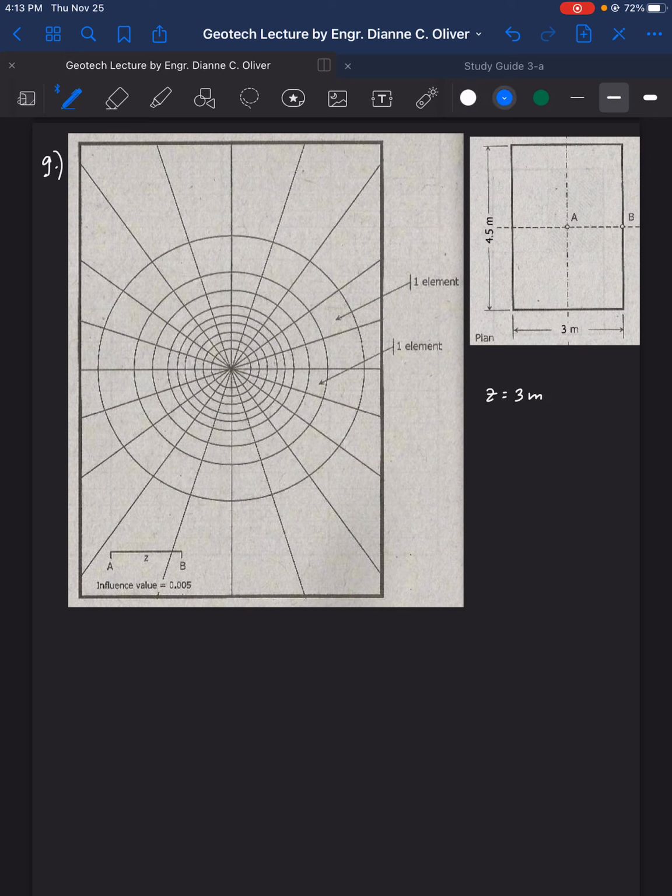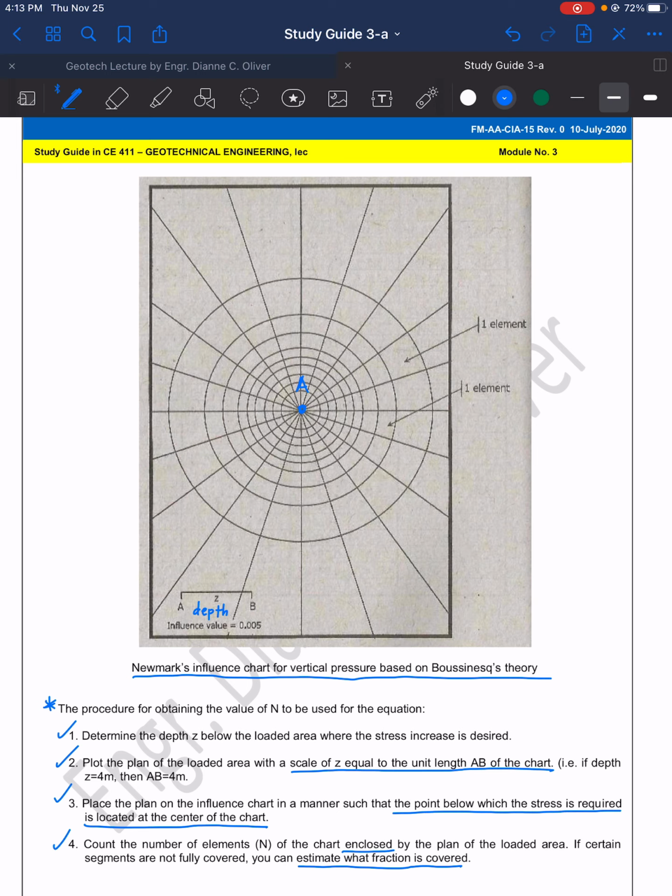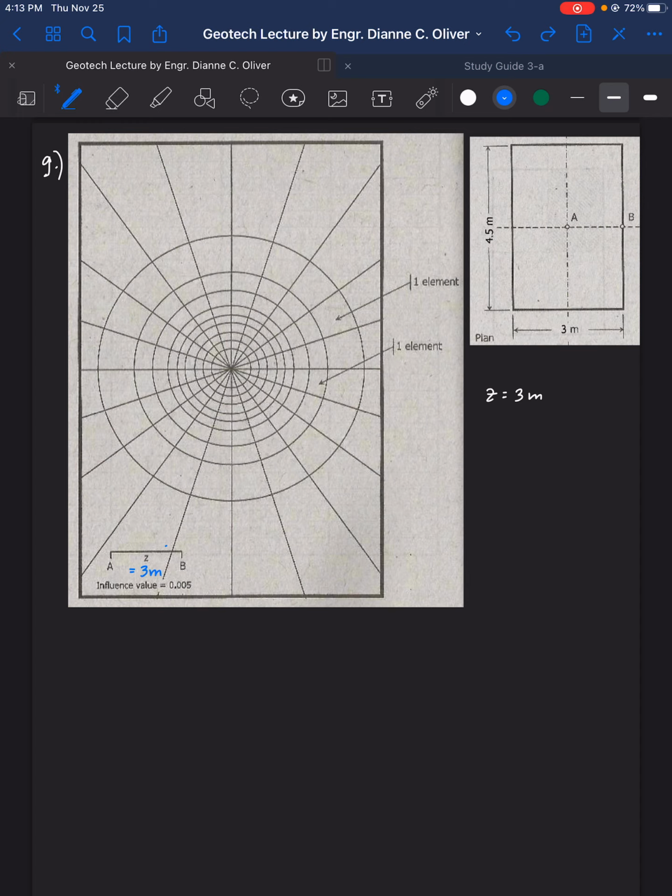Therefore, here we have 3 meters. This is our scale. Number 2, plot the plan of the loaded area with scale of Z equal to the unit length AB of the chart. Okay, so our scale here says that 3 meters is equal to this length here.